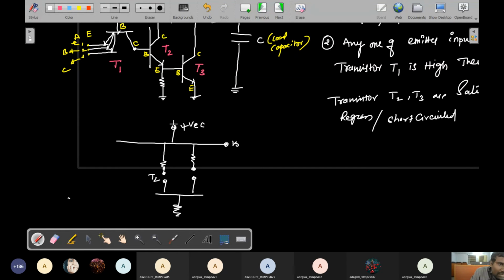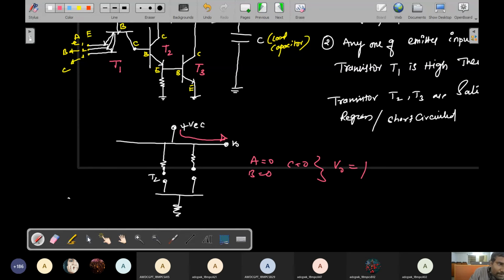So whatever the input signal is supplied to this transistor is simply forwarded to the output voltage. So if you consider A equal to 0, B equal to 0, C equal to 0, in this case your output voltage is equal to 1 only. Why? Because it is not connected to ground, so it is simply 1.